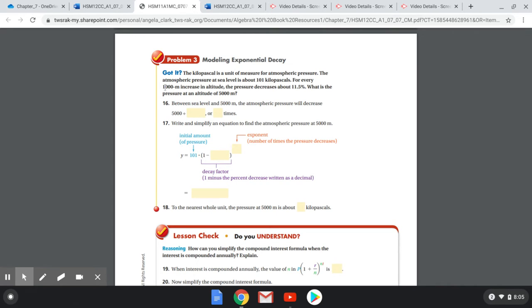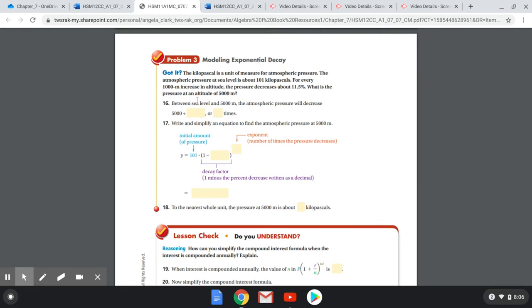So first of all, we need to figure out the pieces. It decreases by this percentage every 1,000 meters. So we can't just say we raised 5,000 meters. We need to figure out how many times the pressure decreased by this amount, and that's what's going to go in our exponent.